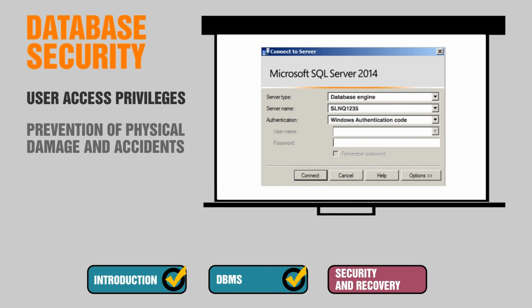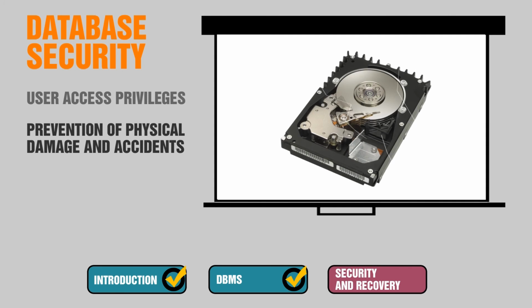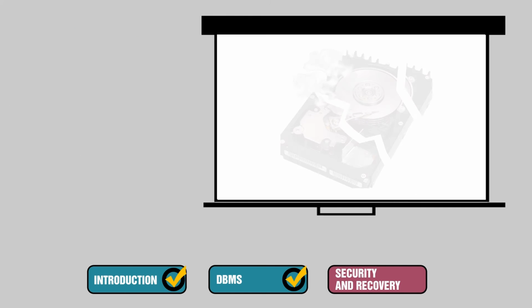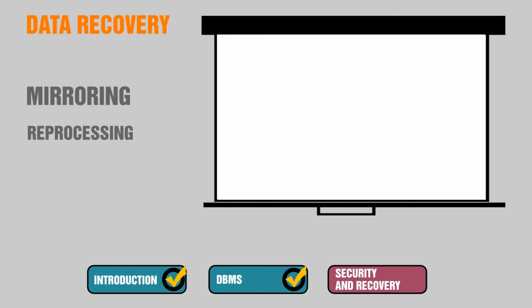Database security revolves around two aspects. Firstly, there are user privileges and who can access what. The other aspect to database security is protecting databases from physical damage and accidents. On the other hand, data recovery involves two processes, mirroring and reprocessing.